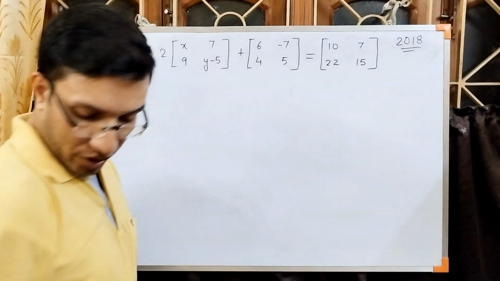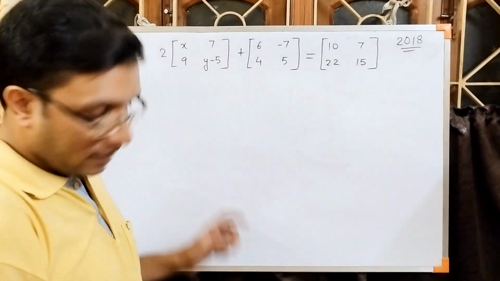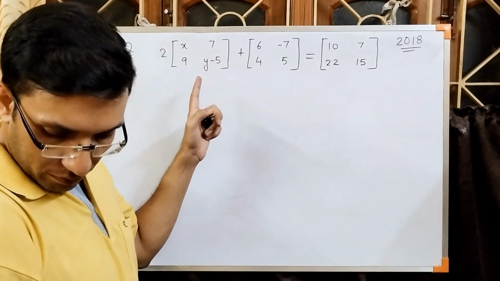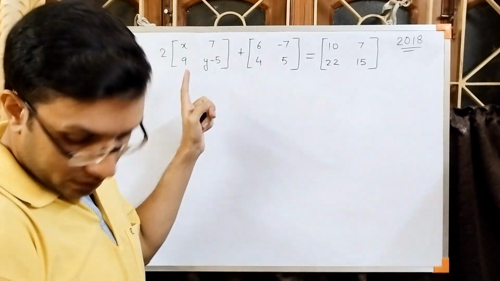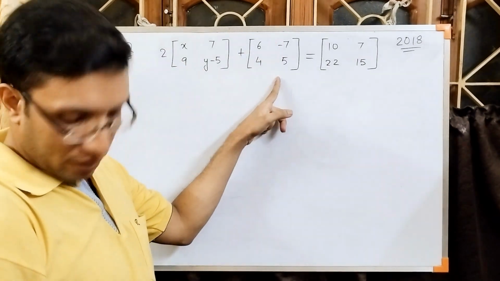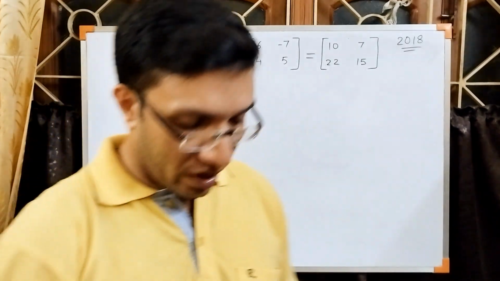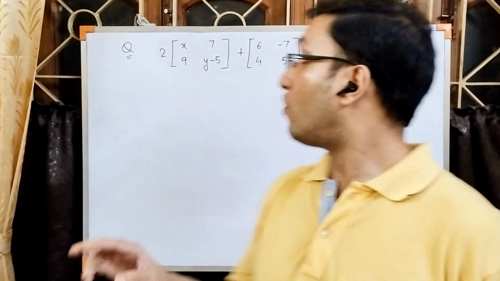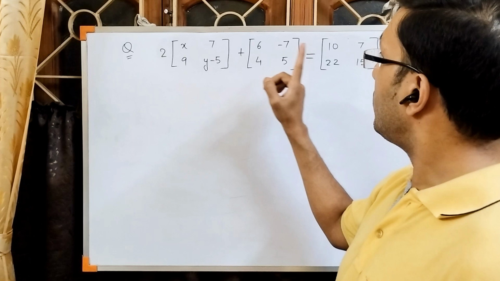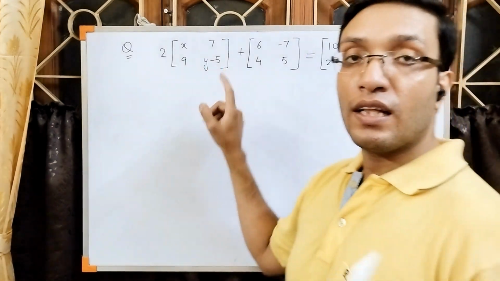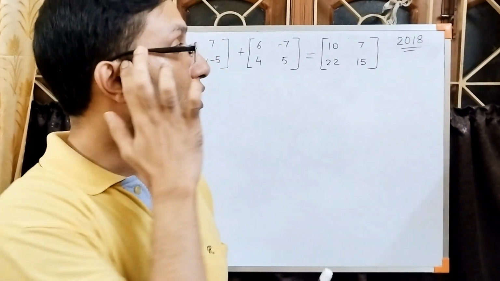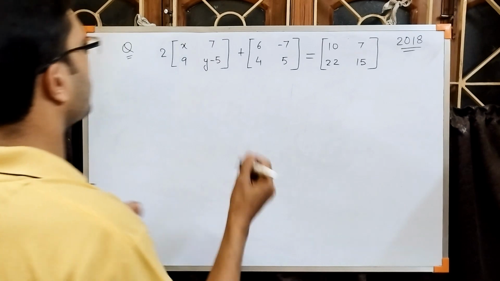Let me check the question once more. 2 times x 9 7 y minus 5 plus 6 4 minus 7 5 is equal to 10 7 22 15. Okay. Now we have been asked to find out the value of this x and y. This sum came in I.C.S.E. 2018. So let's see.